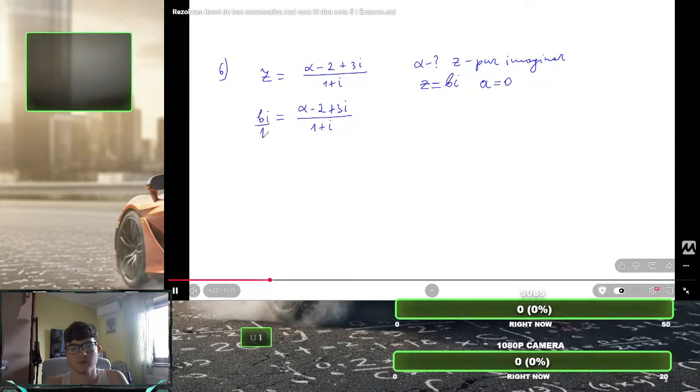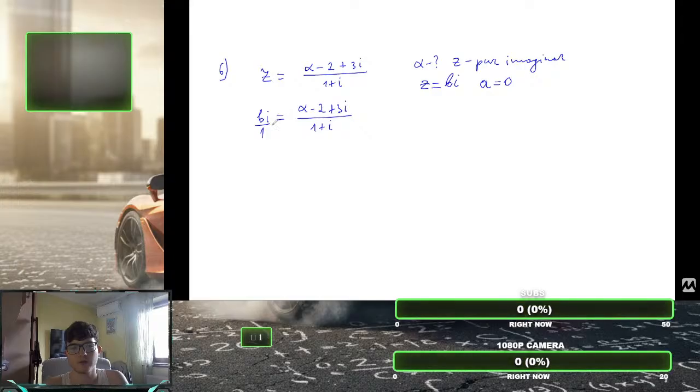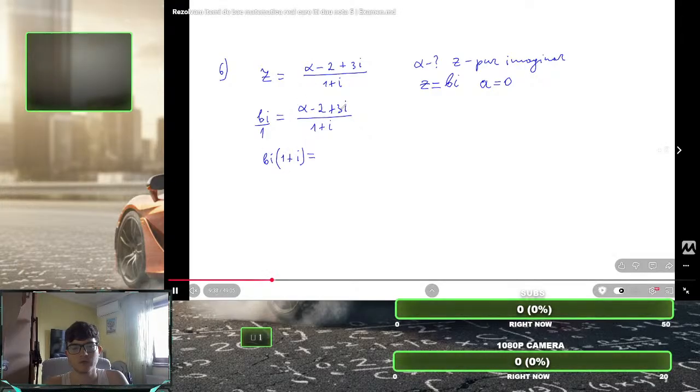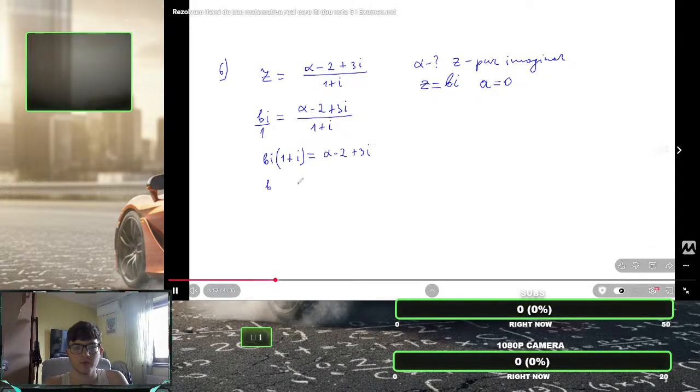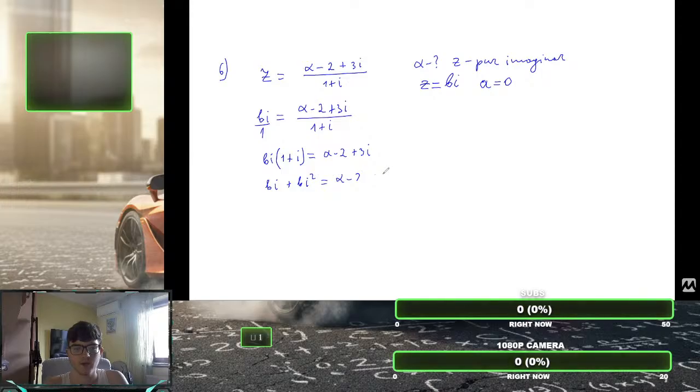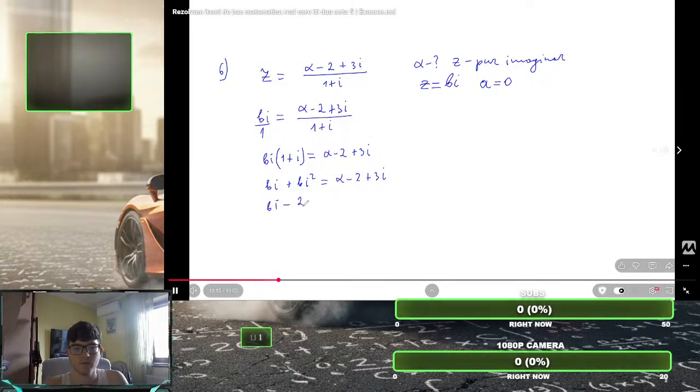Now we just multiply basically like that diagonally. We know that i to the second power is -1, so we'll work with that. Okay, so we will have bi plus i times bi to the second power, and that is bi minus b, and that's that.